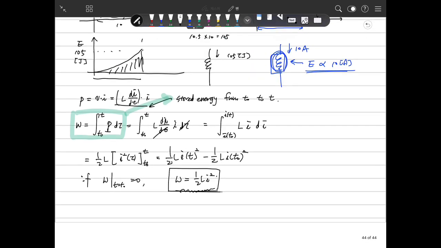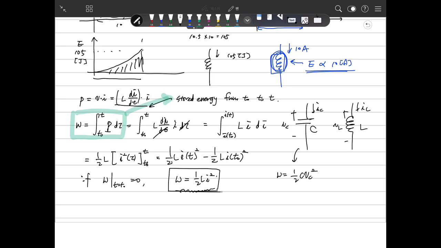So when you discuss this capacitor, this inductor, with voltage VC and current IC and capacitance C, and this VL and current IL with inductance L, the stored energy of the capacitor is half C VC squared.